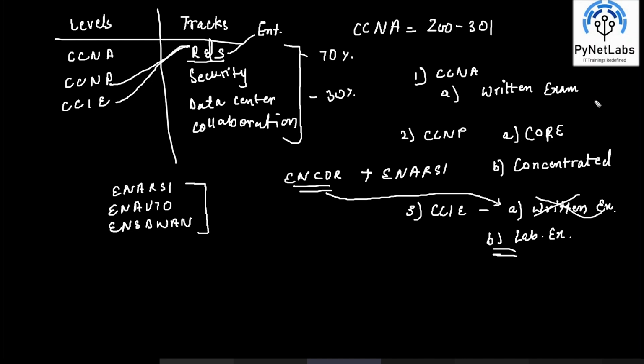Now let's understand what are the topics and what are the things which we are going to learn. So the very basic question which comes to my mind whenever I think about a network is, what is a network? So if I have a PC here, let's say PC A, and if I have a PC B, these two want to share some files with each other, but they are not connected with each other in any way.